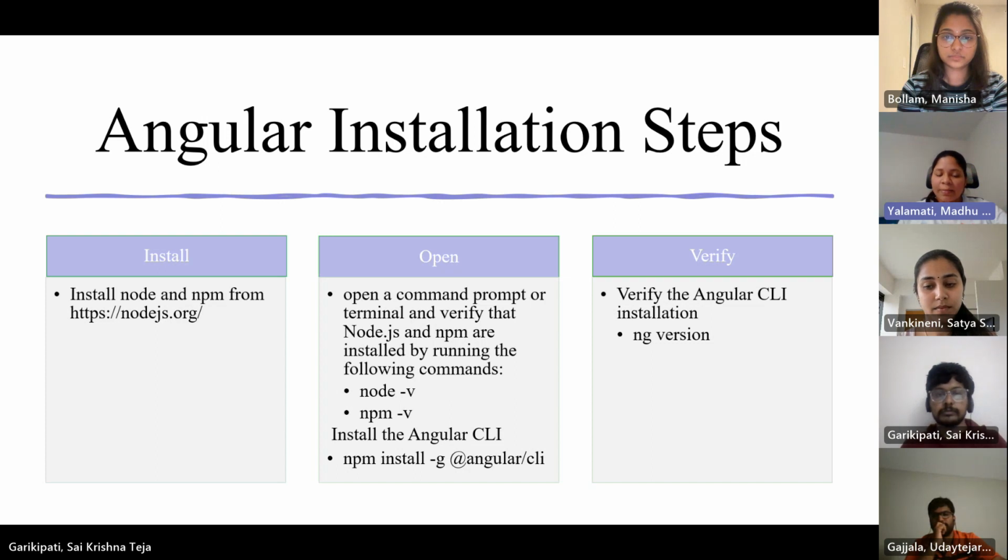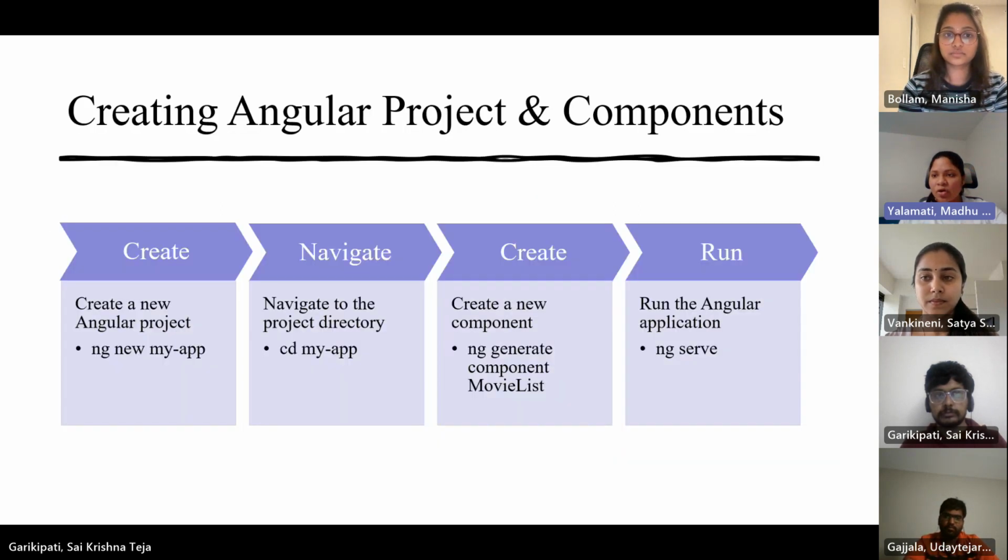We have installed Angular CLI using this command, npm install -g @angular/cli. To verify the Angular version which has been installed, we have used this command, which is ng version. Moving on to the next slide, passing it on to Manisha.